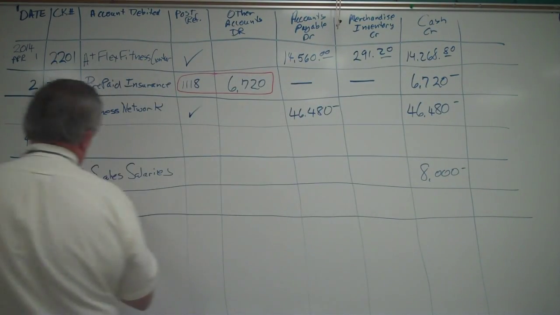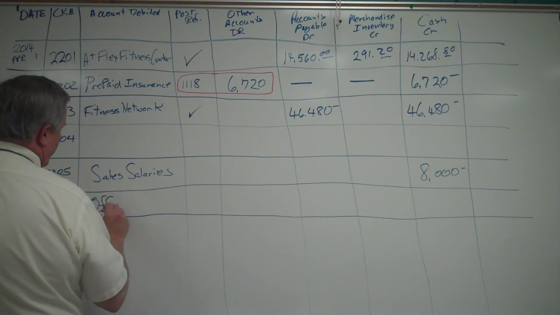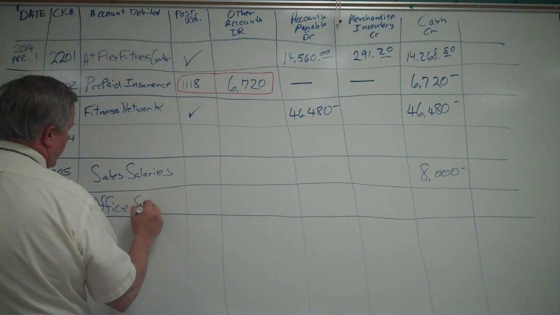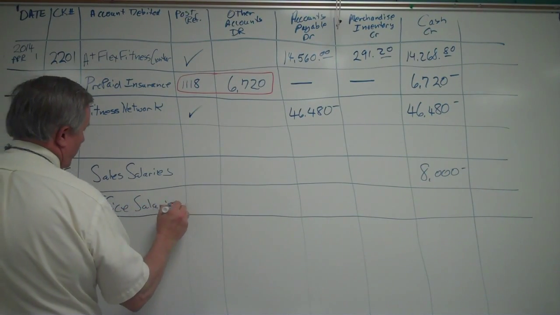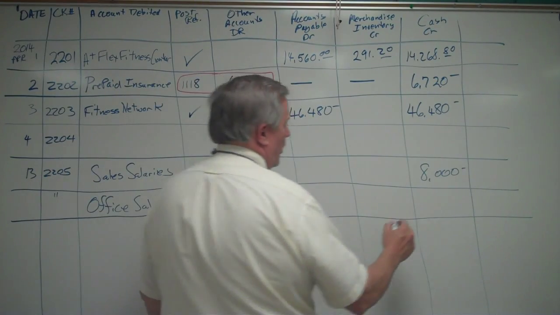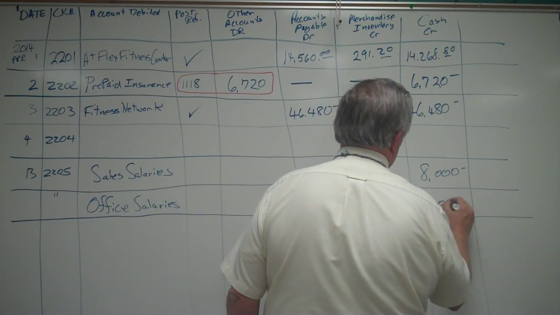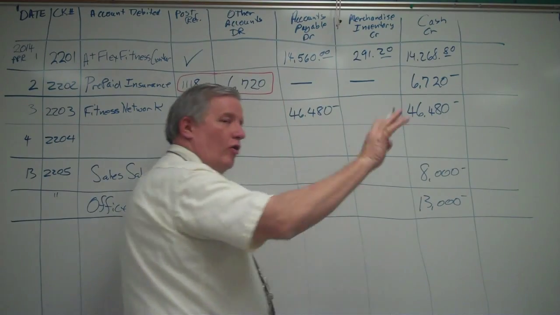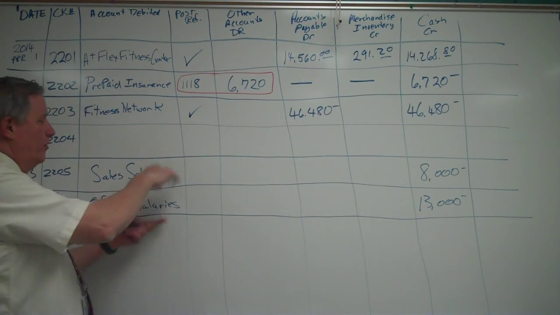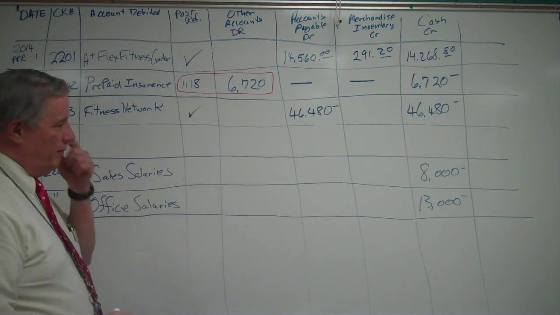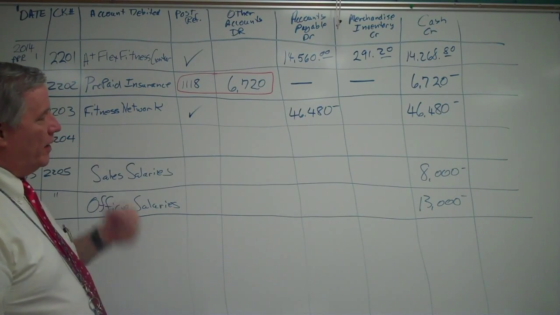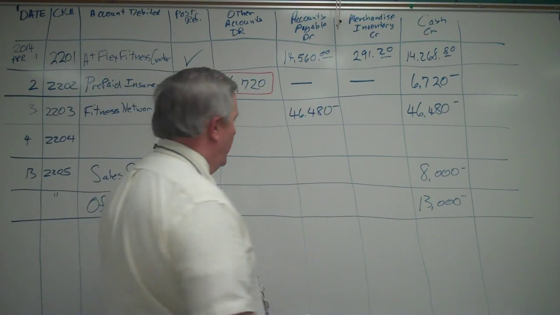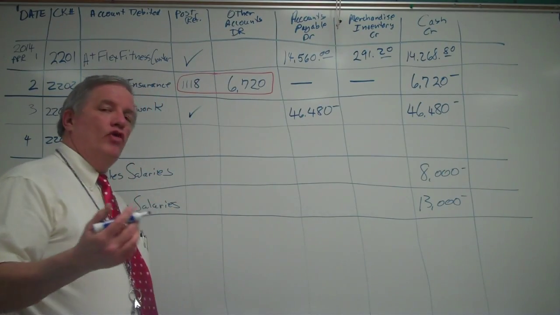The second line is office salaries of $13,000. And I break my rule here about doing each line and getting it all posted, because I need both of these lines to make it all balance. I'm of two minds here.